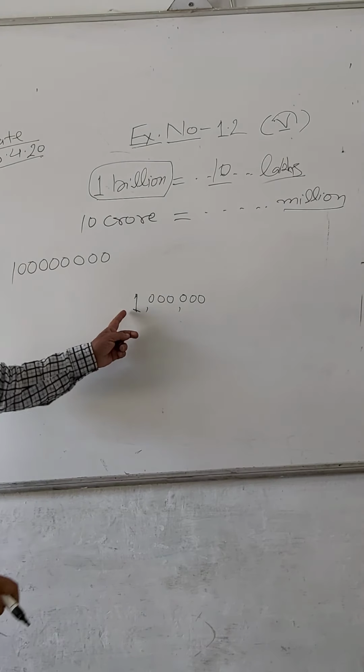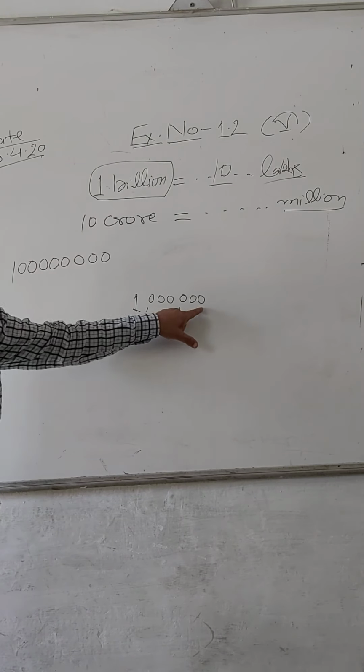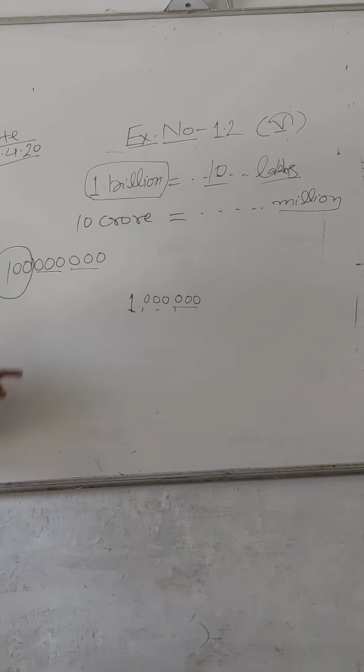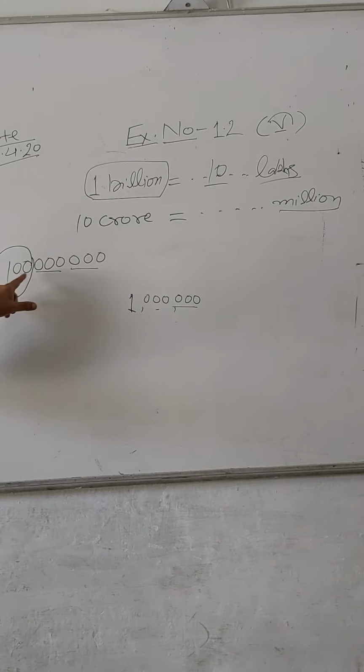So 1 million is equal to how many zeros? 6 zeros are coming in 1 million. So after this, whatever number will come, that will be converted into million. So this is 100 million. 10 crore is equal to 100 million.